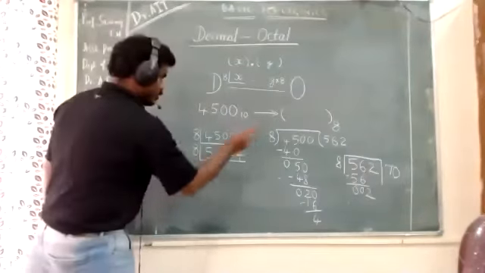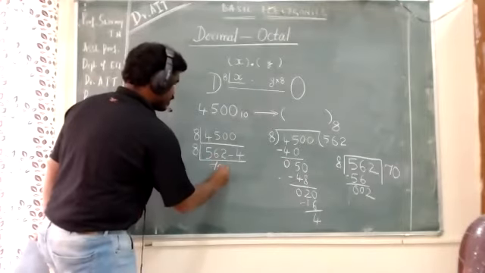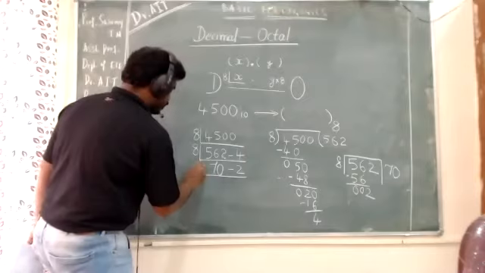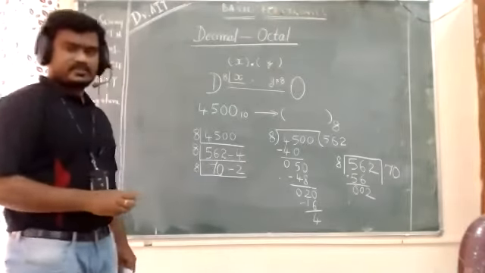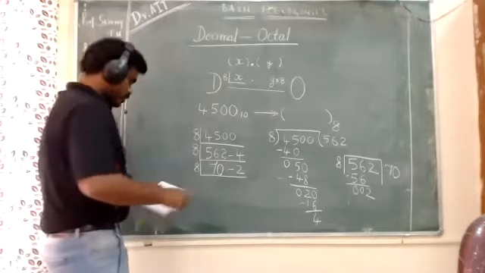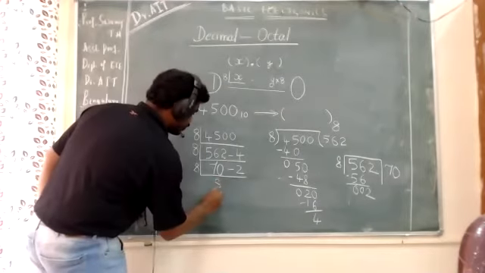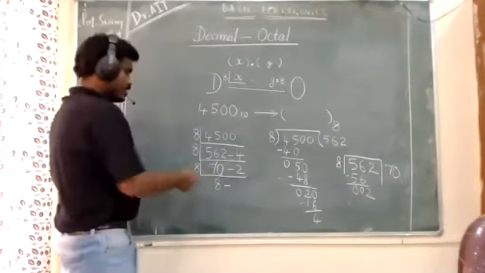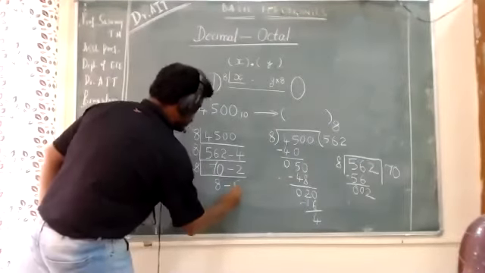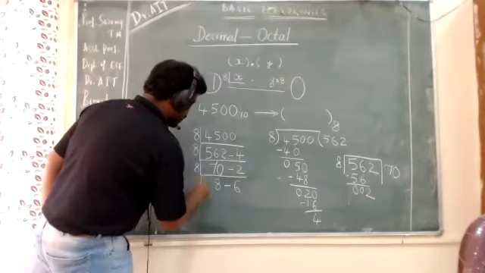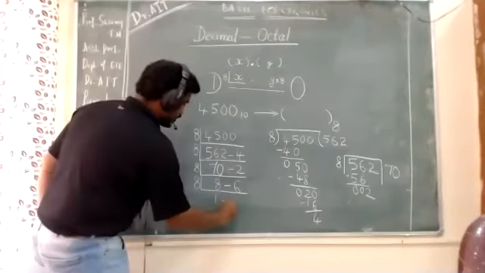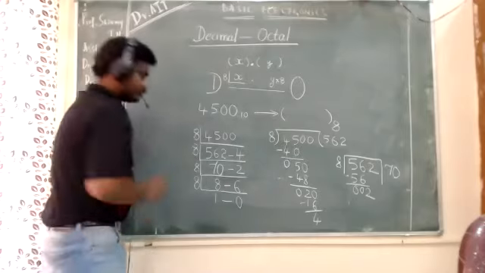So now you got 70 as quotient and the remainder is 2, and still I can divide this 70 by 8 further. 8 8s are 64, and the remainder is 6. And still 8 is divisible. So you have 8 1s are 8, and you will get the remainder as 0.